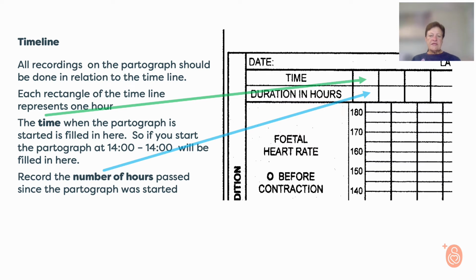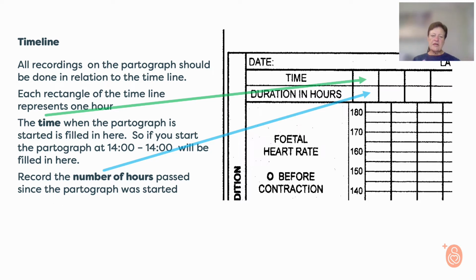Now, the timeline. As I've said previously, all the recordings on the partograph are made according to this timeline, because like in all records, we have to indicate at what time we are making the record, and this duration in hours tells us the number of hours that have passed since the partograph was started.